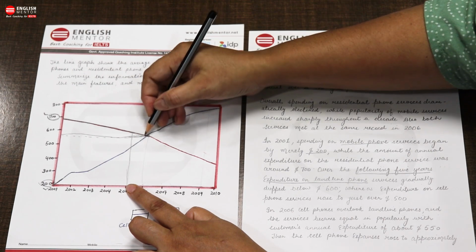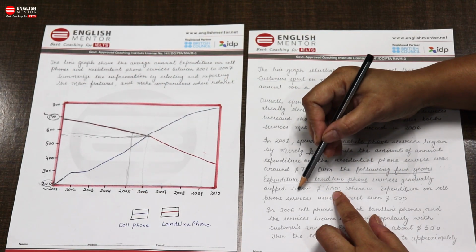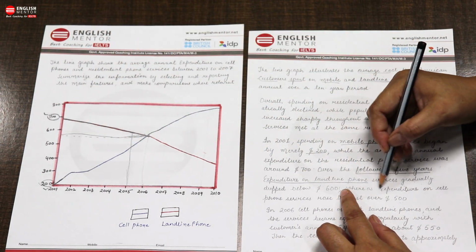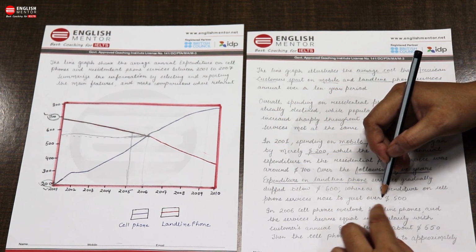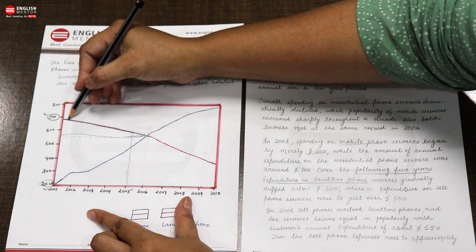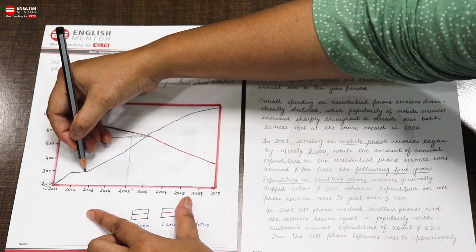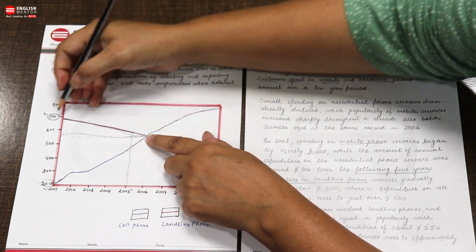And see, it is meeting here. So it was below 600 in the next 5 years, whereas the expenditure on cell phone services rose to just over $500. This just declined, whereas for cell phone services there was a great incline in the next 5 years.